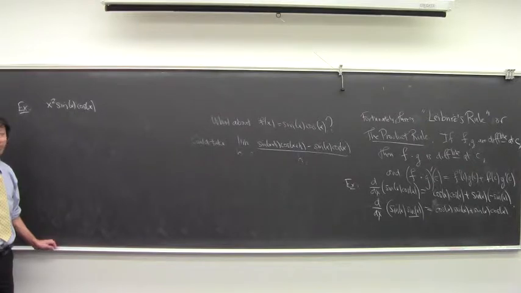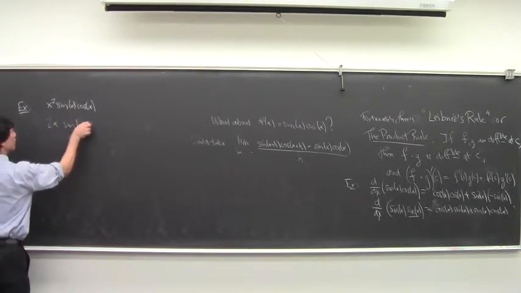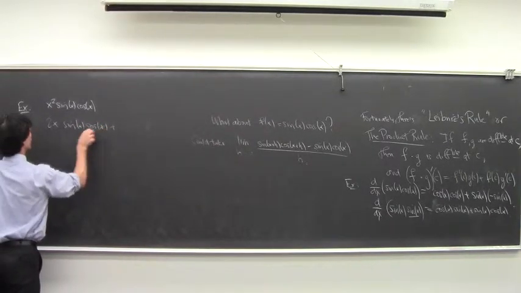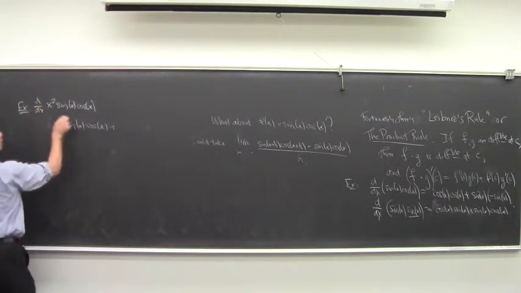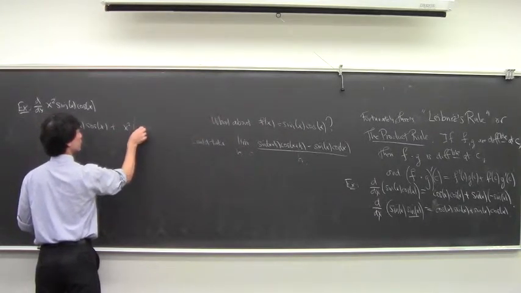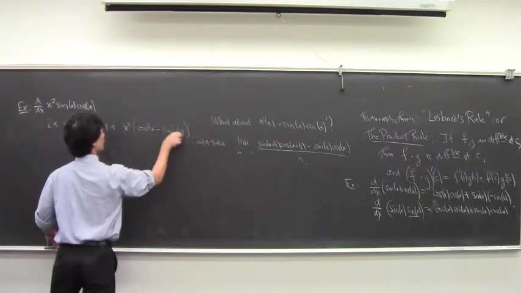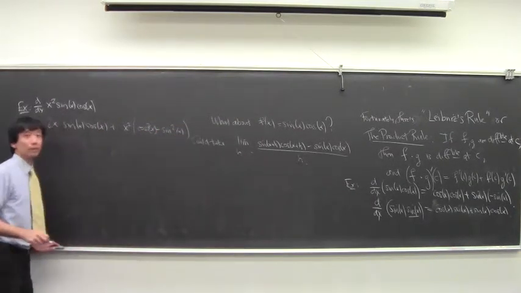2x times sin x, and then plus x squared times cosine x squared, and the cosine squared x minus... That'll do it, right?